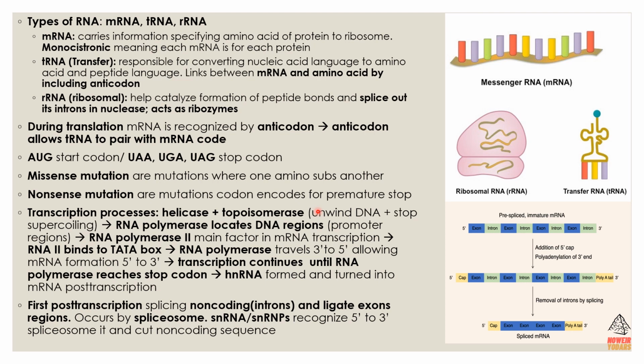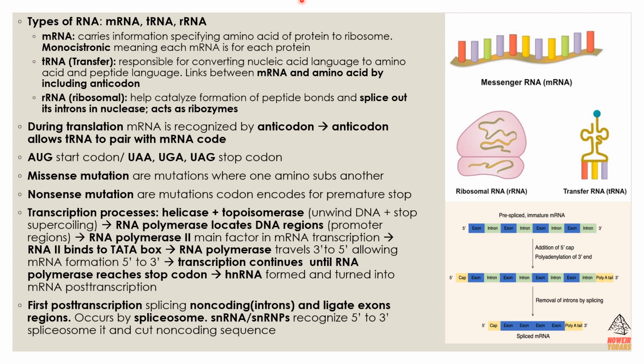After transcription, the non-coding sequences, also called introns, are removed. These introns regulate gene expression, but they are non-coding regions, and they are removed during splicing so the mRNA can mature.